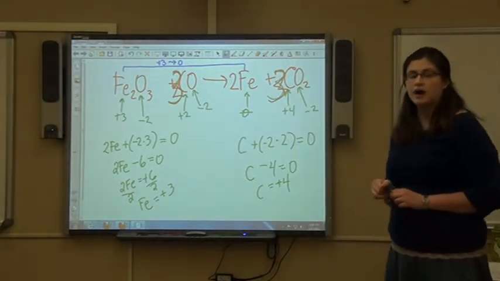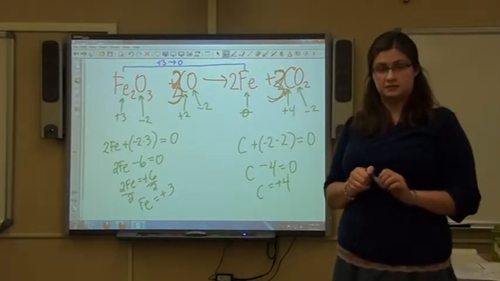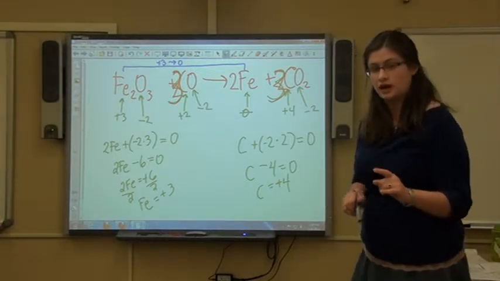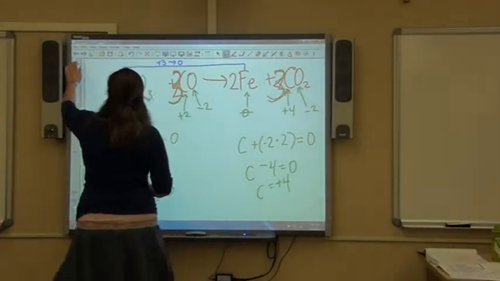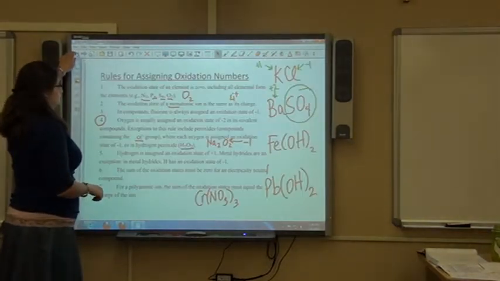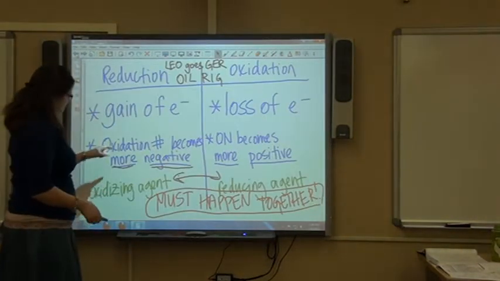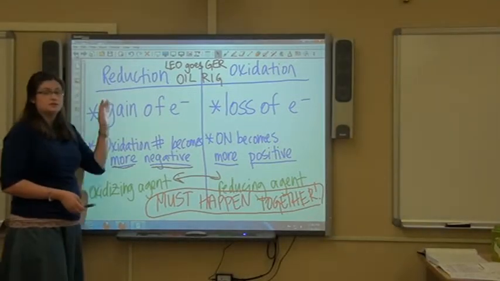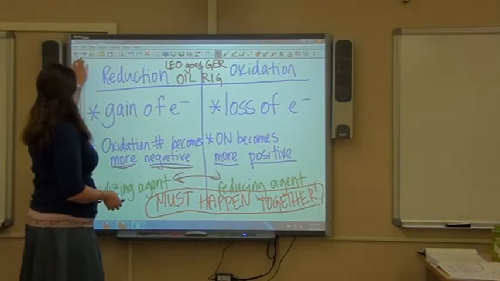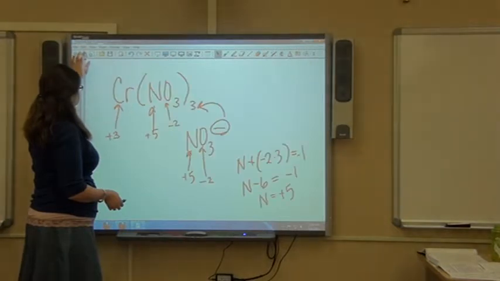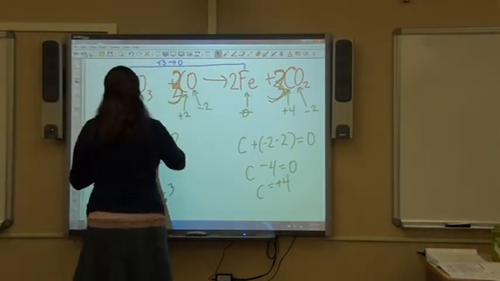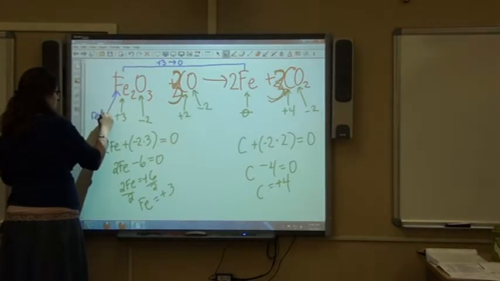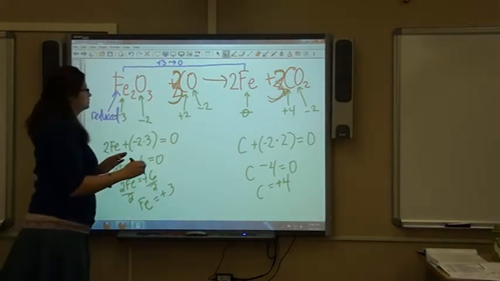Is that getting more positive or more negative? +3 to 0 is getting more negative. When things get more negative, that means that's the substance that's being reduced. So let's just write on here that iron is reduced.